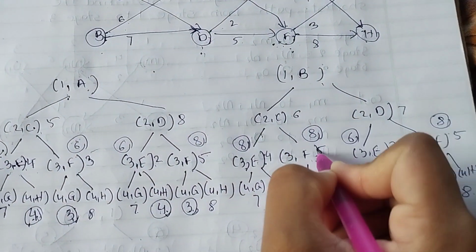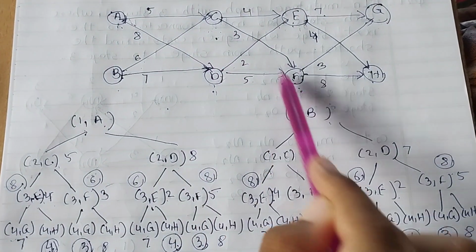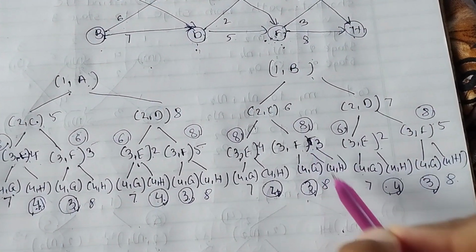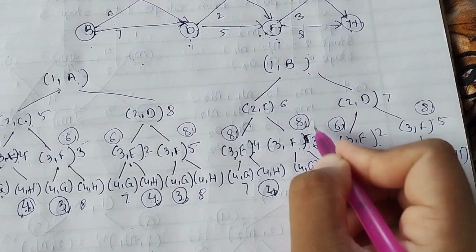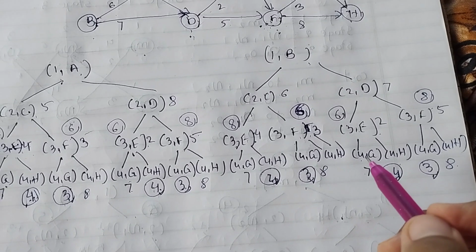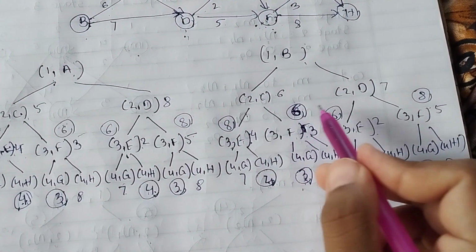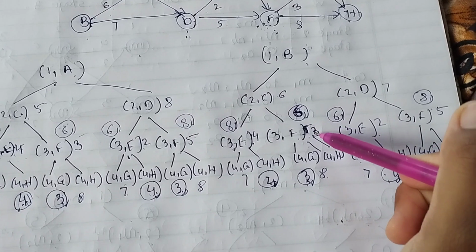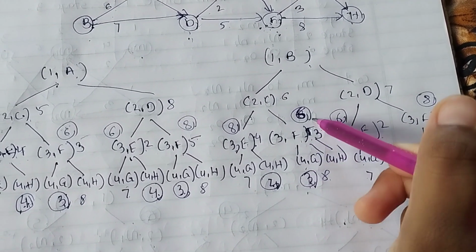Here not 5, here is the value of 3. C to F, see here. C to F value is 3. So 3 plus this 3, the value is 6. From this 3 and 8, 3 is smallest, transfer to the next stage. So value of this is 3, so 3 plus 3 is 6.